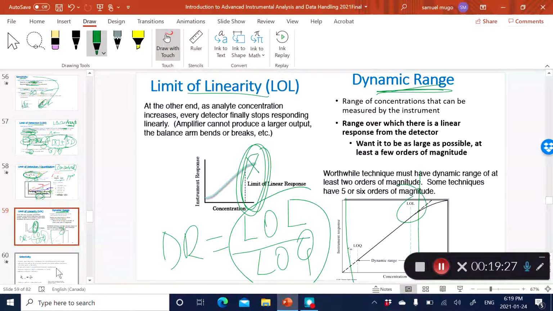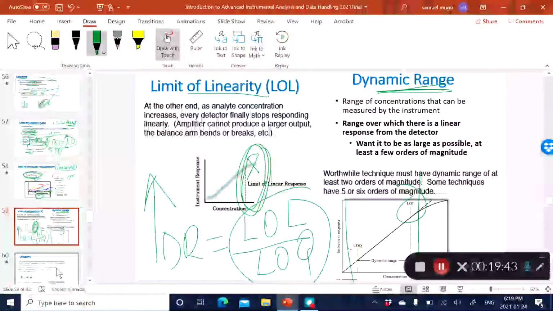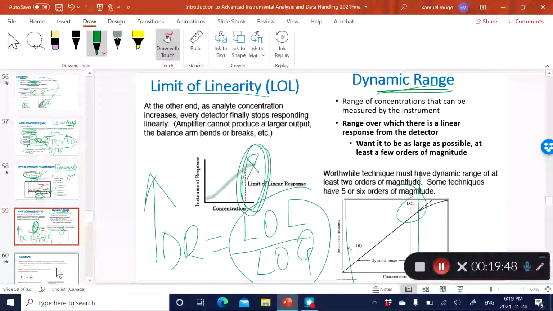Take note of that. Of course, the bigger, the better. It means you've got a very wide range which can give you a good linear response, and so you can determine the concentration of the unknown. Ideally, you want 5 to 6 orders of magnitude of dynamic range for a very robust, good instrument.